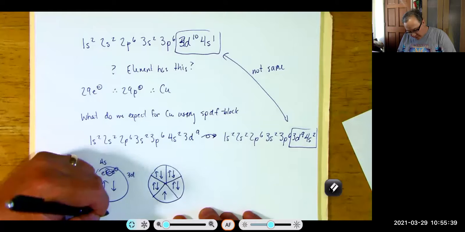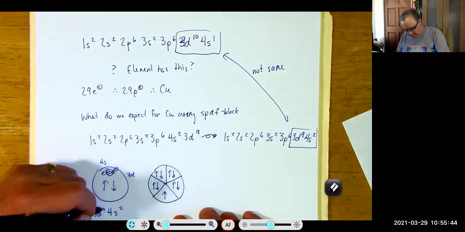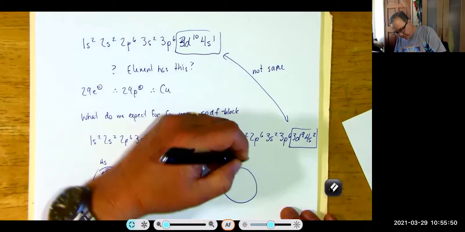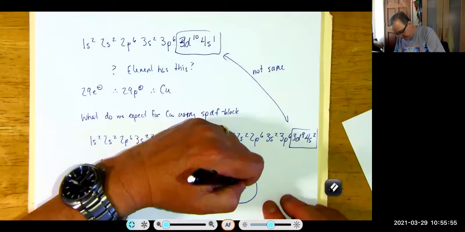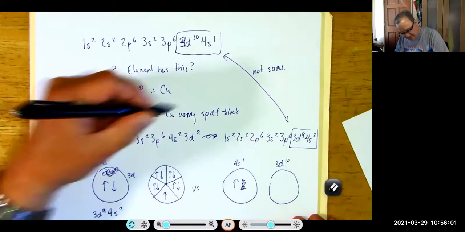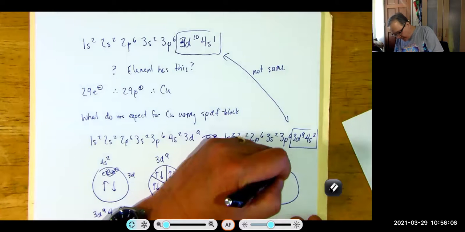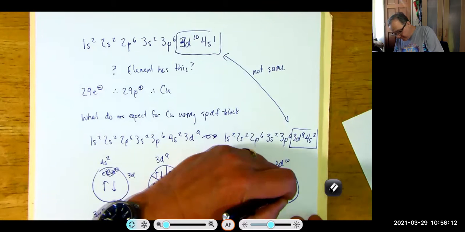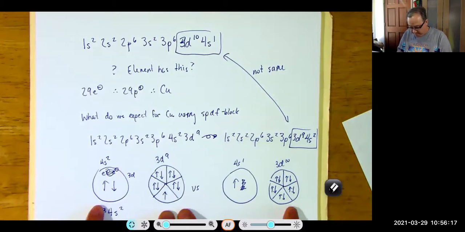So this is 3d9 4s2, versus 4s1, I'm sorry, and 3d10. So for 3d10, I'm going to draw my pie again. So these are the two situations we have. Are you with me? Yeah.